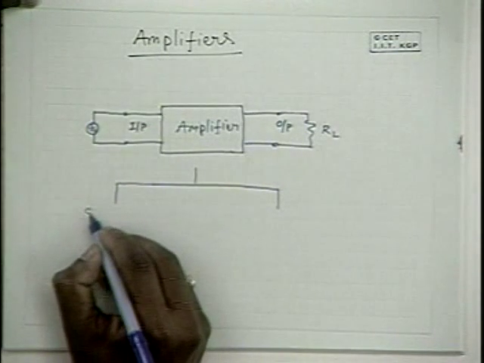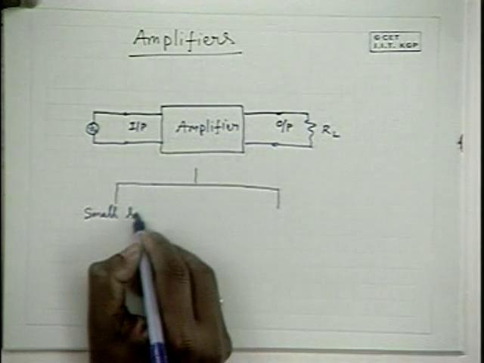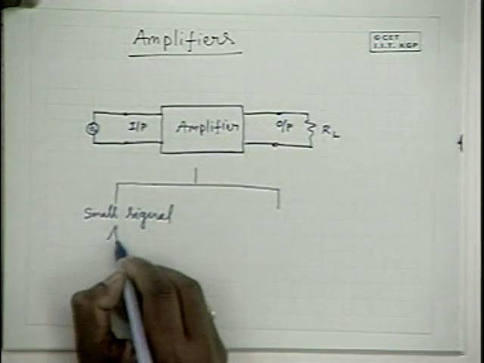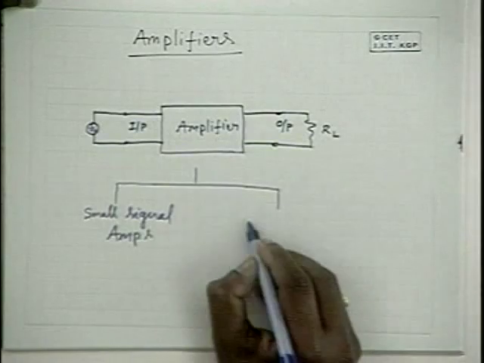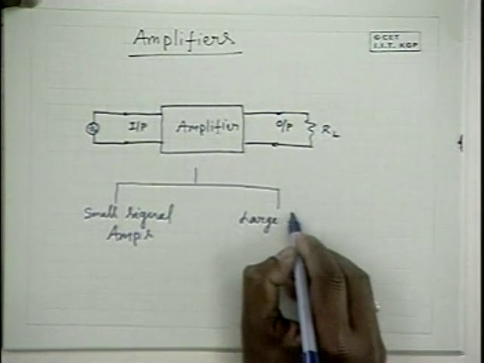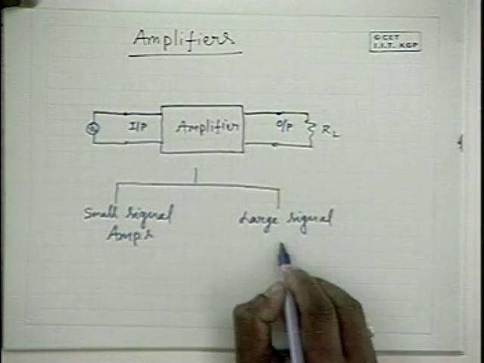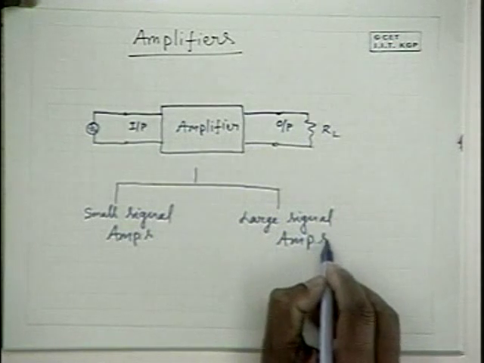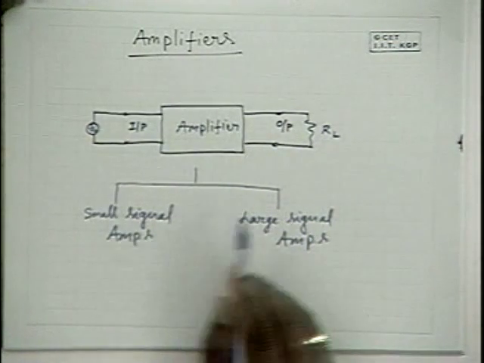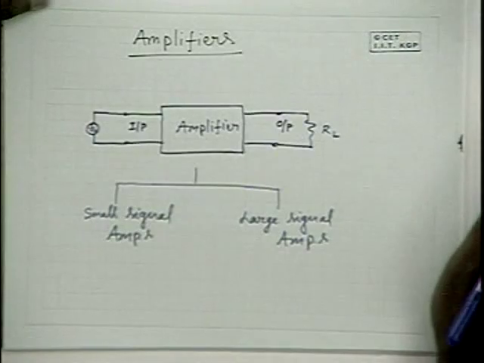As the name indicates, small signal amplifiers take small signals as input, and large signal amplifiers, on the other hand, take large signals as input and give you further large signals at the output.